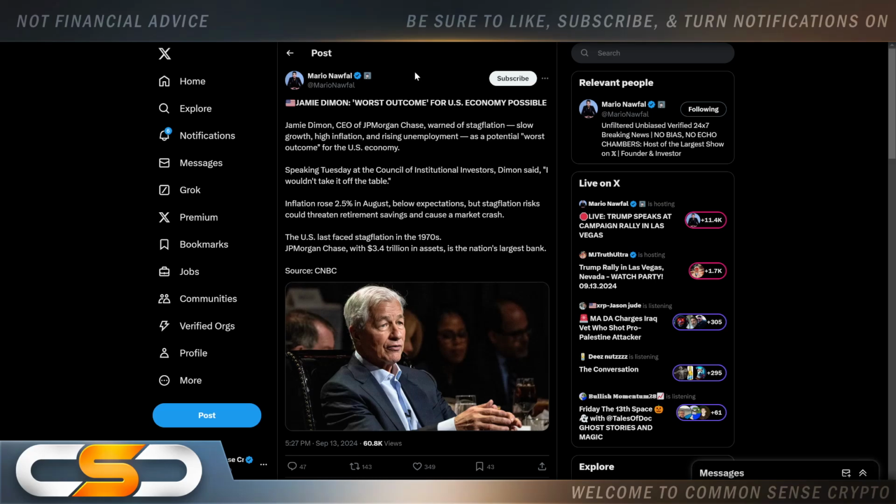Jamie Dimon, worst outcome for U.S. economy possible. So the CEO warned of stagflation, slow growth, high inflation, and rising unemployment as a potential worst outcome for the U.S. economy. Speaking Tuesday at the Council of Institutional Investors, Dimon said, "I wouldn't take it off the table."